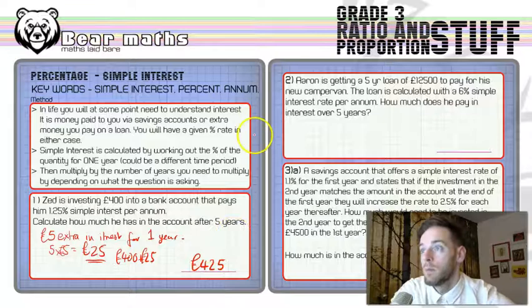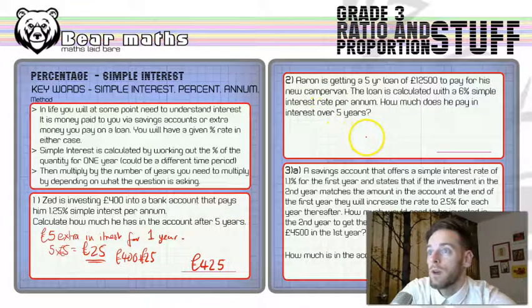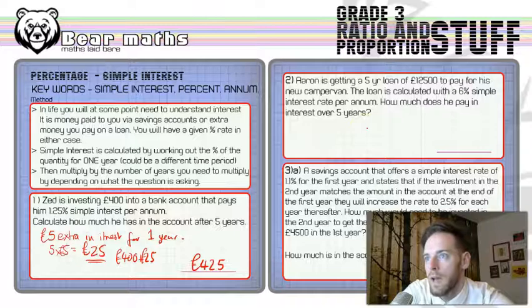Number 2. Aaron is getting a 5-year loan of £12,500 to pay for his new camper van. The loan is calculated with a 6% simple interest rate per annum. How much does he pay in interest over 5 years? So slightly more complicated. Pay attention here because we're only answering the question, how much does he pay in interest over 5 years, not how much does he pay in total.